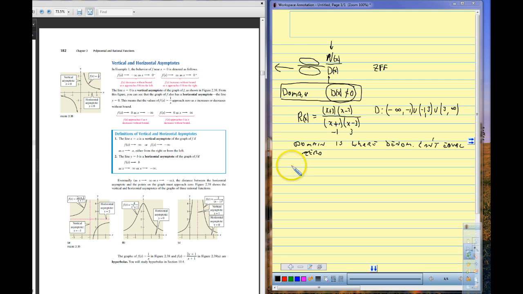Now the biggest thing is we're going to talk about vertical asymptotes and horizontal asymptotes.